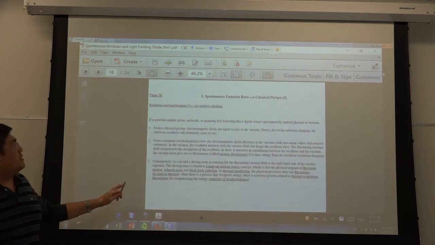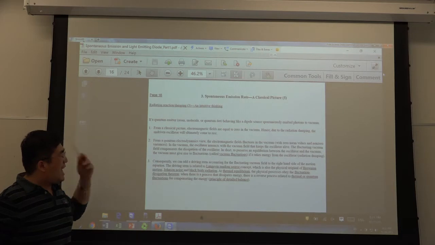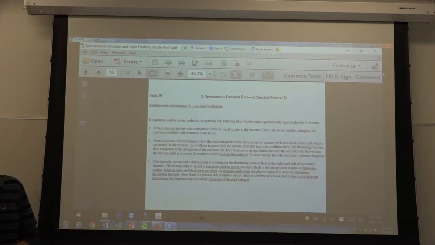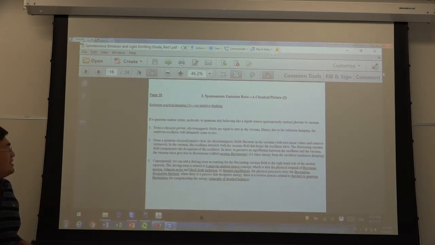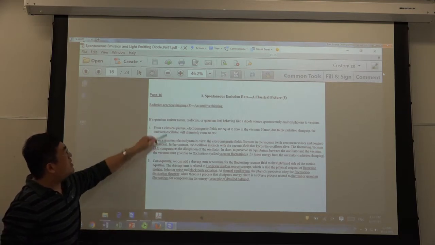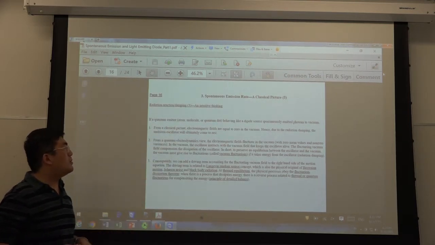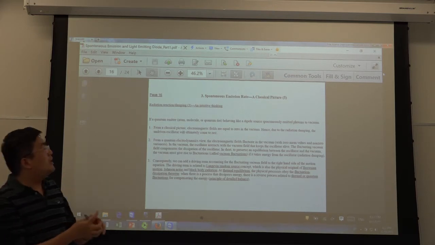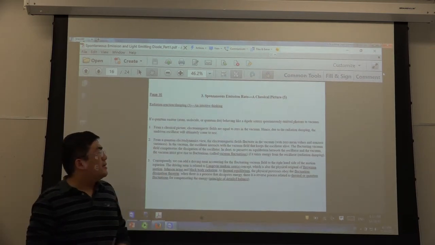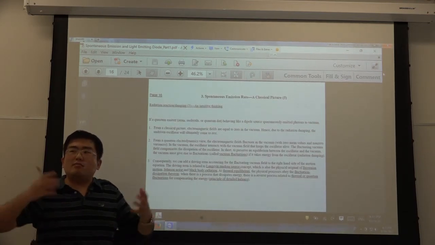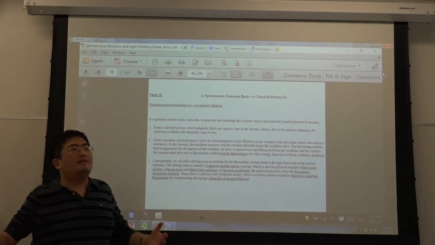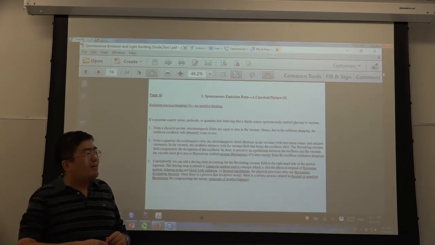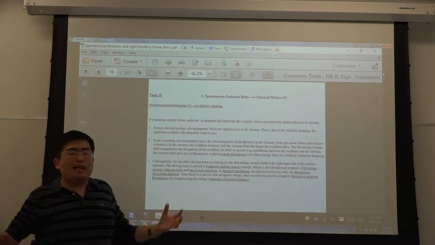But I think this page is a very interesting thought. This thinking is a motivation for quantum theory. Why can the classical theory not explain this? Just think: if an emitter similar to an atom, molecule, or quantum dot, because it's very small, behaves like a dipole source, and this dipole source spontaneously emits photons in a very dark environment, you'll see some molecules can emit light, right?